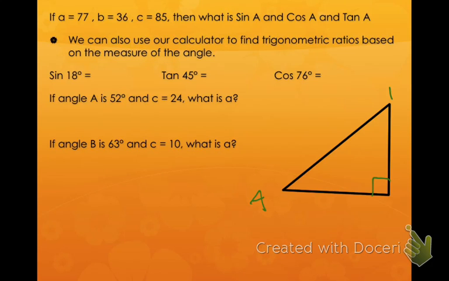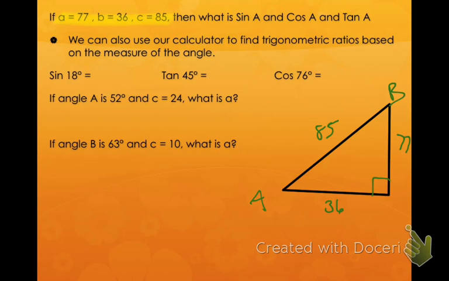With this first one, it says that A is 77, B is 36, and C is 85.